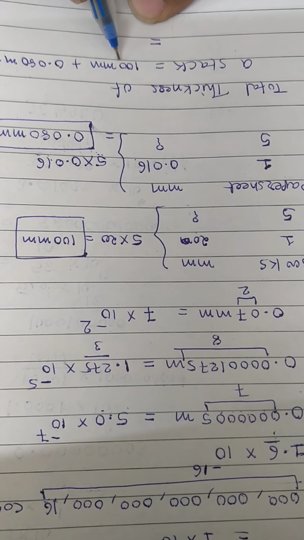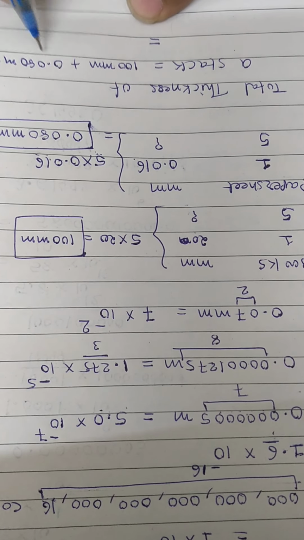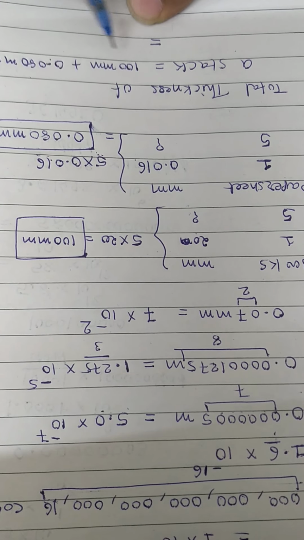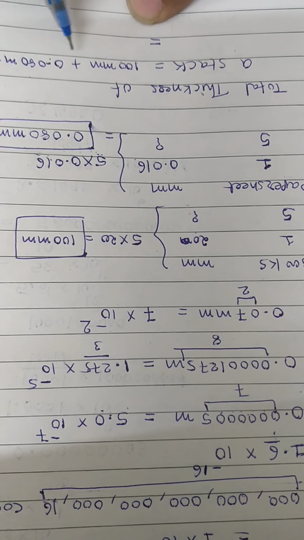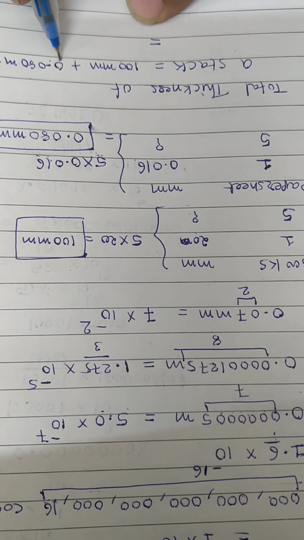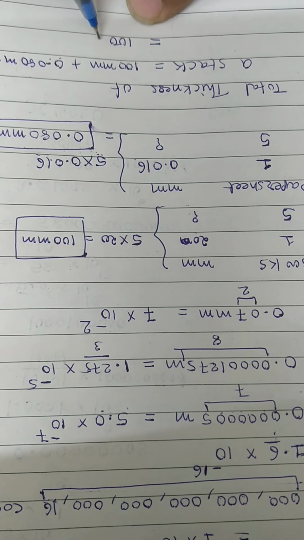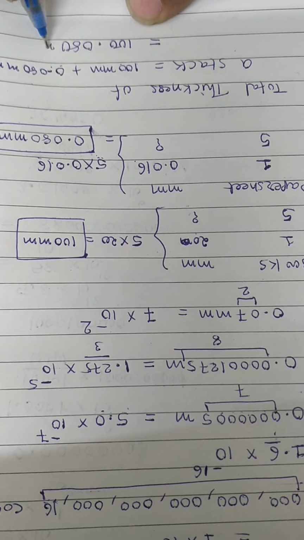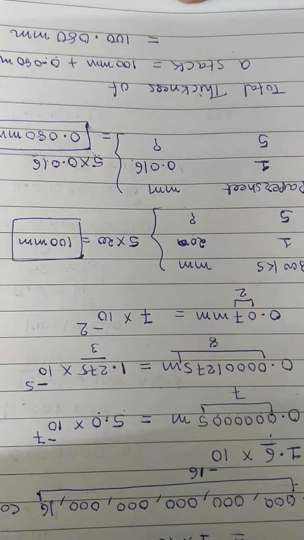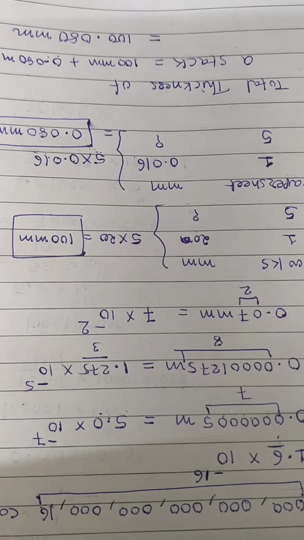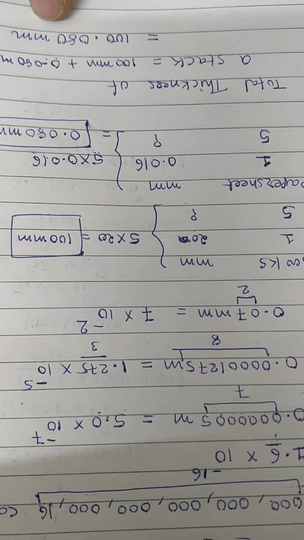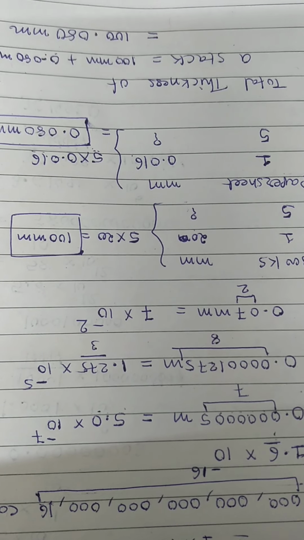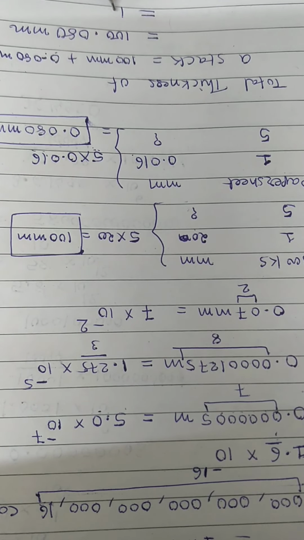So 100 is an integer and 0.080 is a decimal number. So this 100 should be added to this 0.080. 100.080. Okay, so this is the answer, but we should write this number in standard notation, or scientific notation.